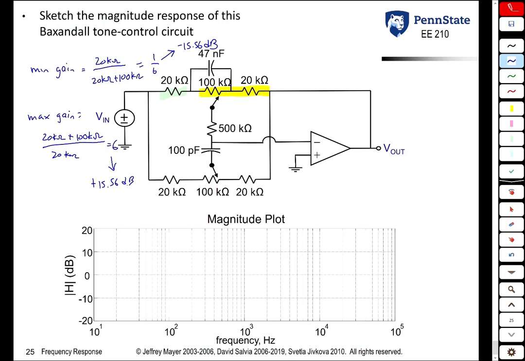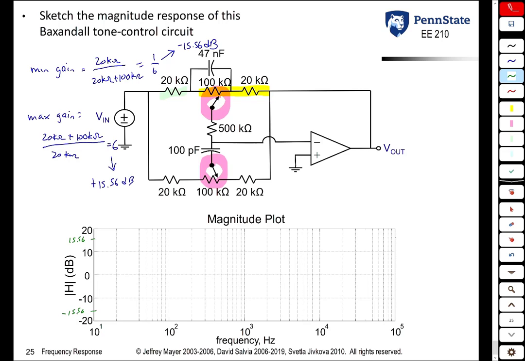And if you remember how the Baxandall tone control circuit works, we can independently adjust the low frequency gain with that pot and the high frequency gain with that pot. So the low frequency gain can vary anywhere from minus 15.56 dB to plus 15.56 dB.